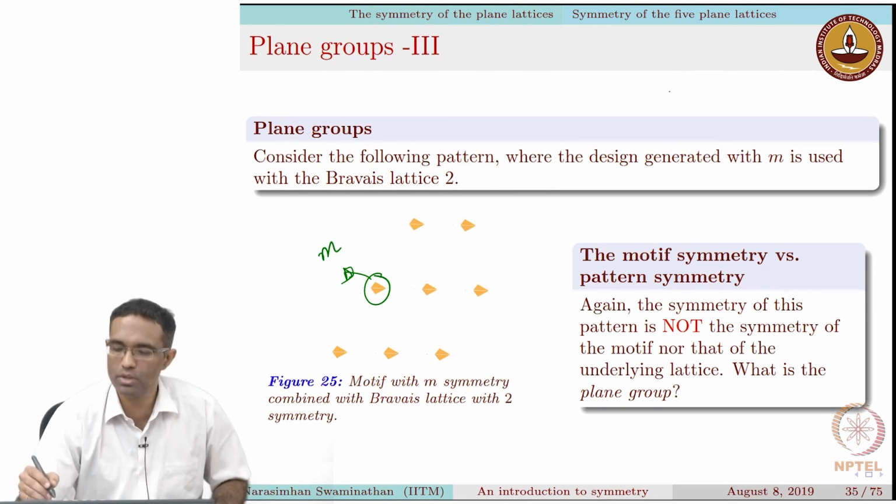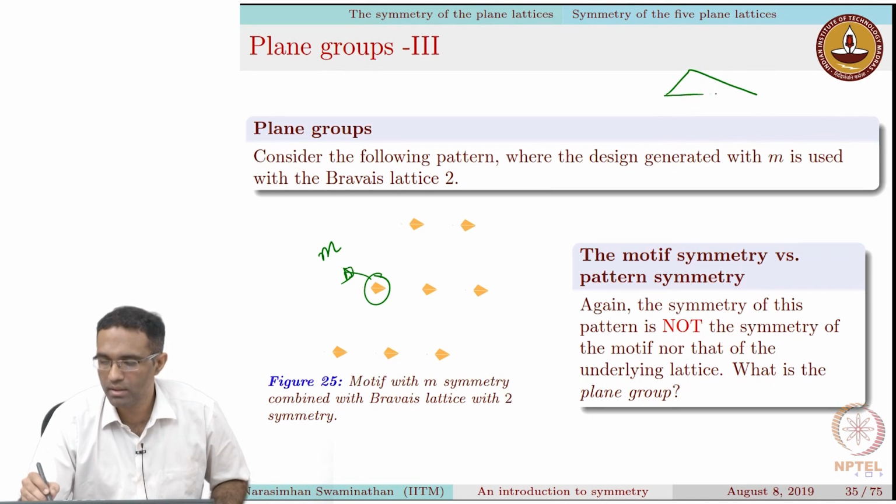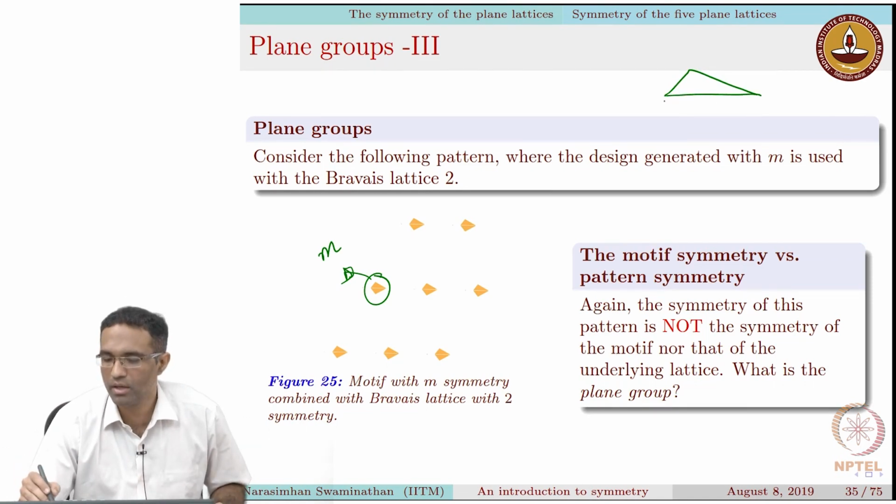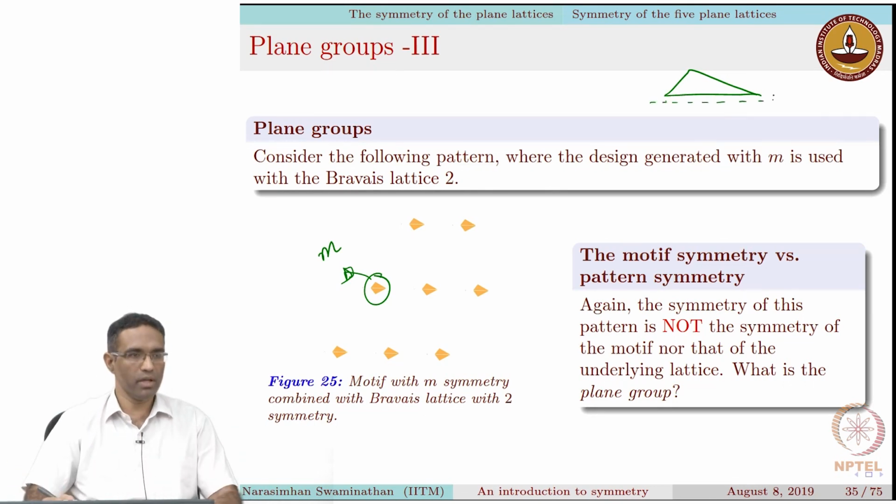So we generally use an asymmetric pattern or asymmetric symbol to talk about various symmetry whenever we are studying crystallography, to make our understanding clear.